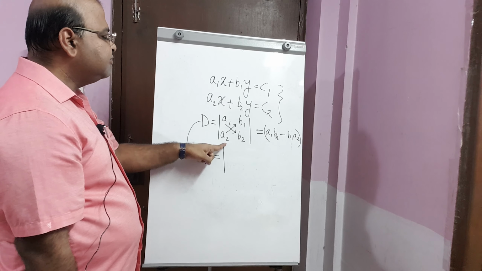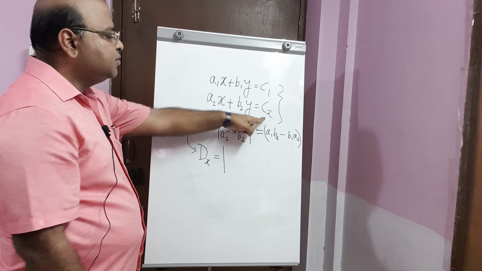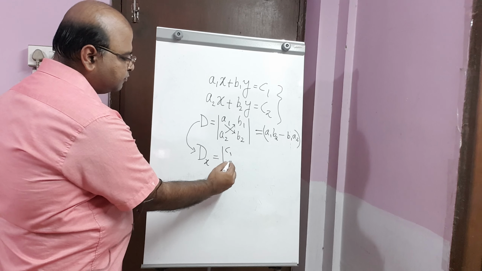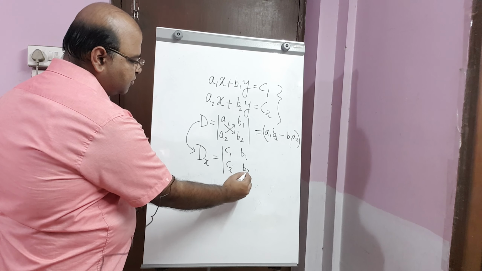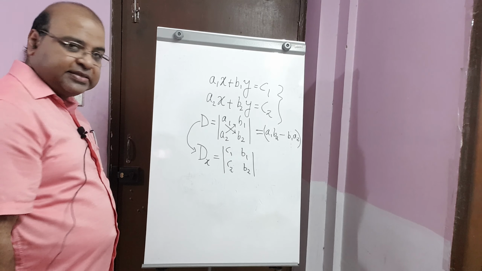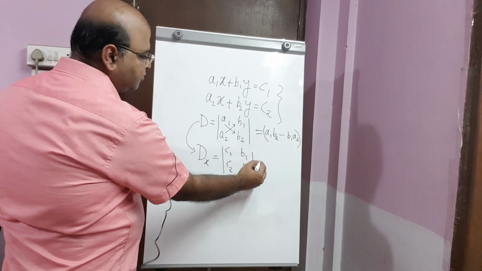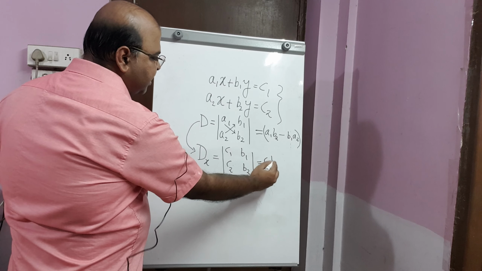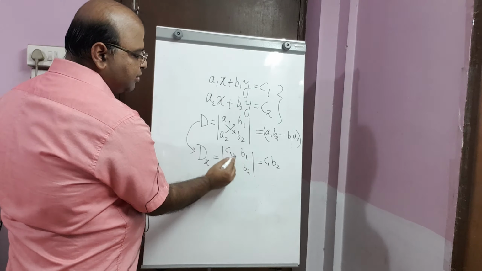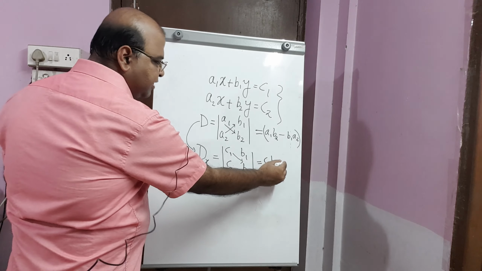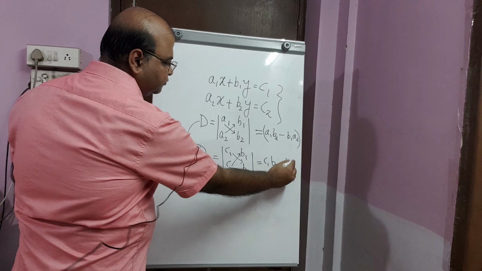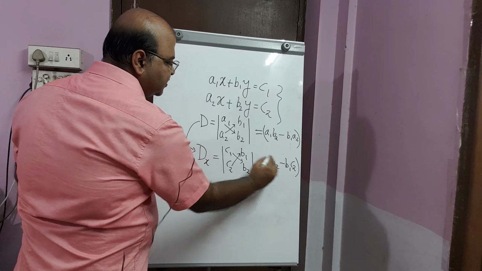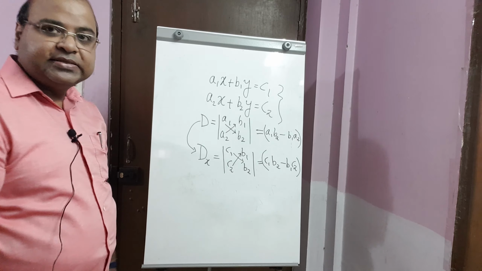So we shall replace the first column of D by the constant column c1, c2, the second column remaining as it is, that is b1 and b2. So this is the next determinant Dx, which upon expansion shall give c1 times b2. First we multiply diagonal wise c1 times b2, then minus b1 times c2. So this is the value of Dx.